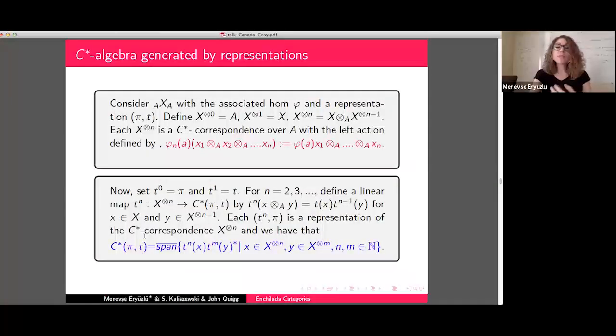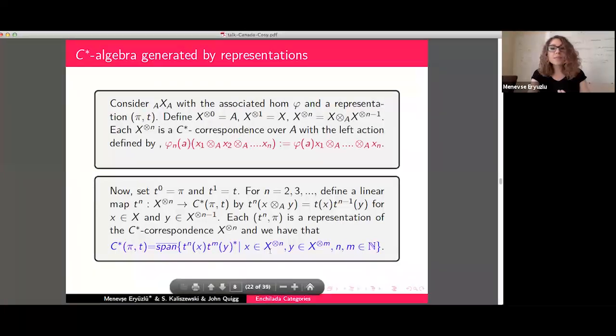Now, what do the elements of the C-star algebra generated by a representation look like? The elements are just linear spans of these elements. But let's go back and look at what x to the n and t to the n mean. For a given x, again, we start with a representation.